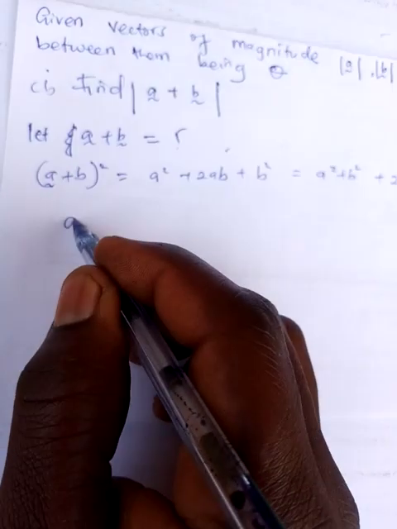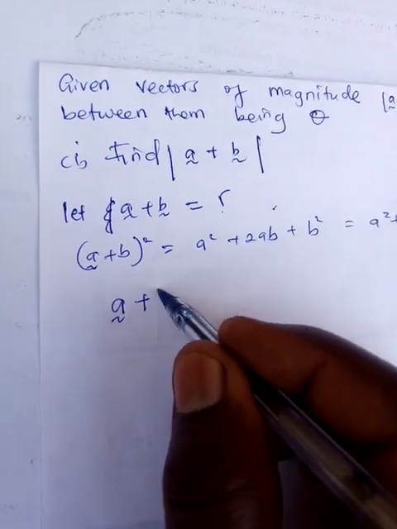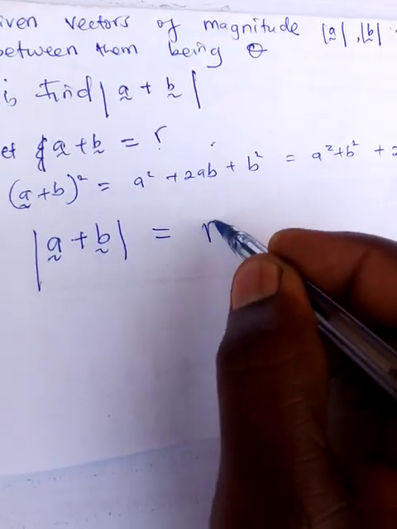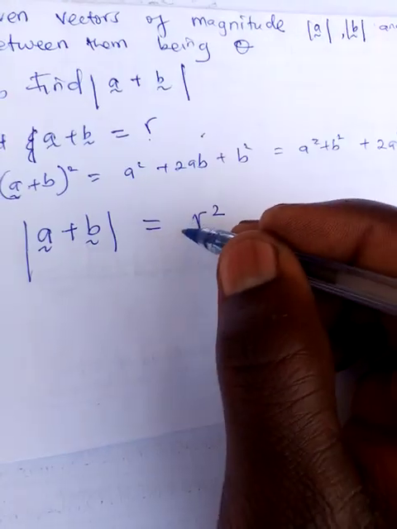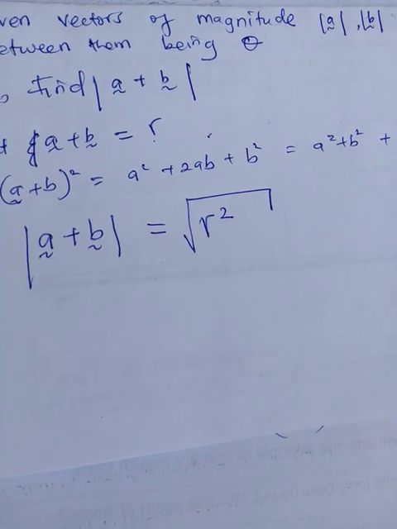That means the magnitude of A plus B is the same as R, and I get its square root.